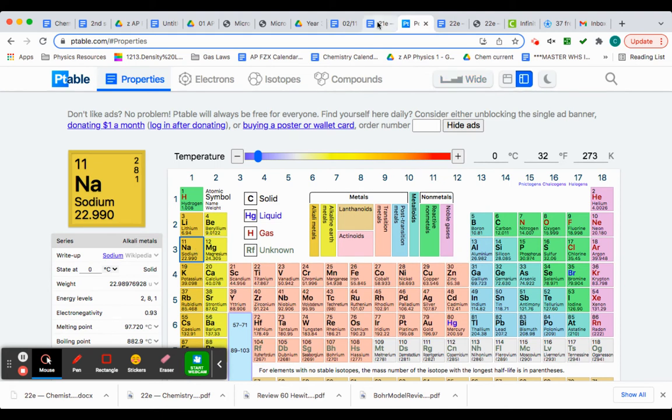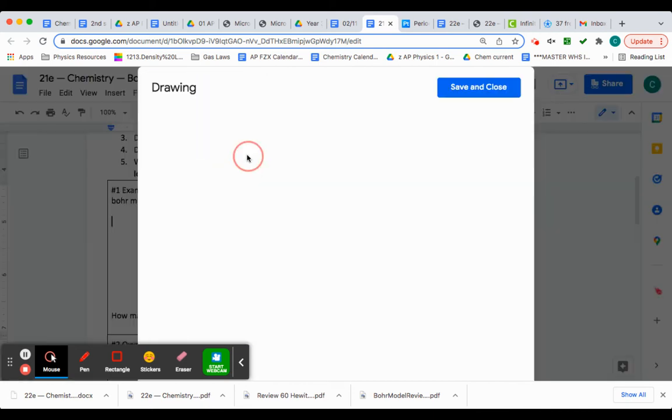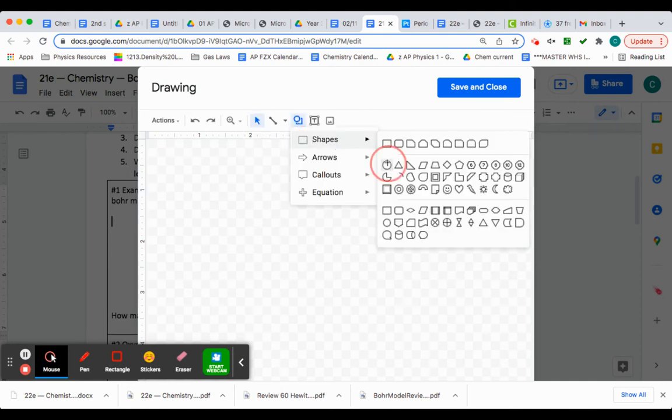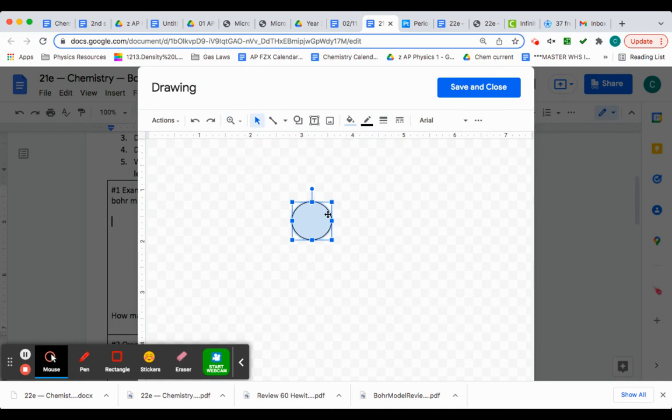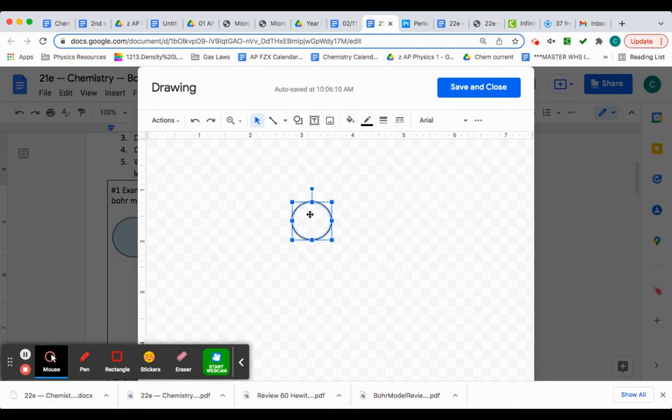So coming back to the assignment, and this will take me probably longer than it will take you because I have to do it on this. I have one shell. The proton number was 11 and neutrons was 12.